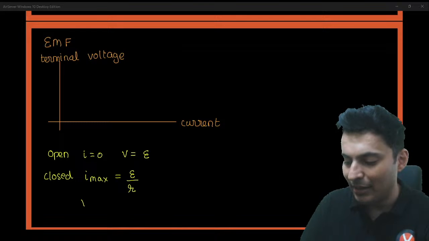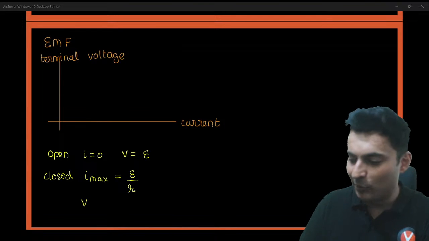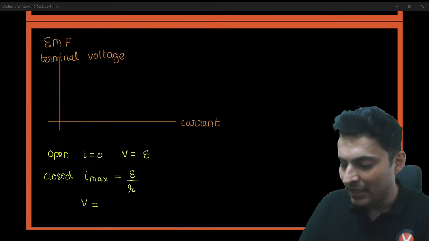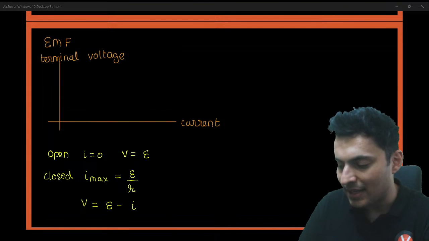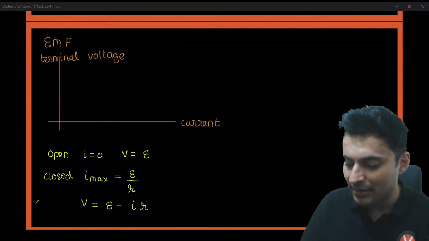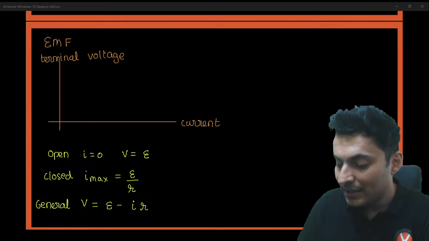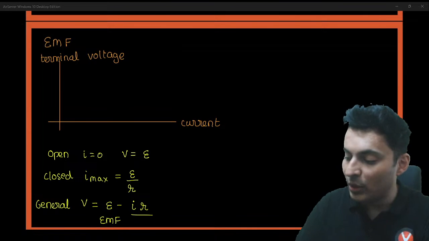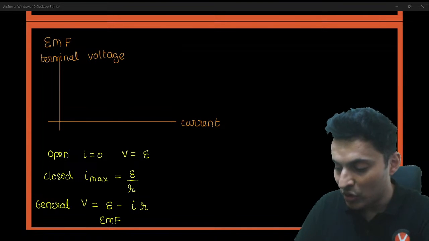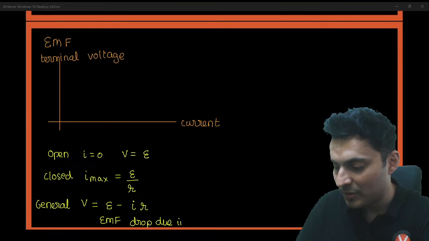And the terminal voltage in general will be E minus Ir. This is the EMF, and Ir is the voltage drop due to internal resistance.